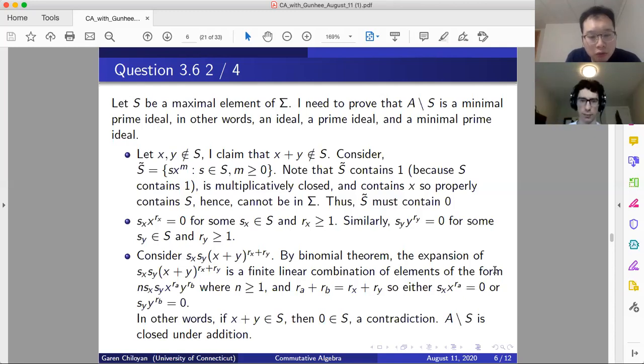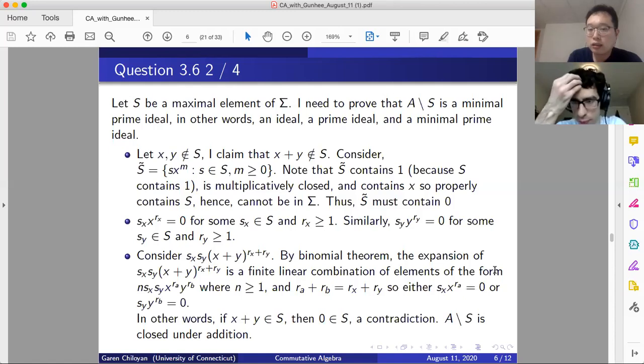Hold on, I'm a little bit confused. What if x plus y belongs to S? Why must 0 be in S? So 0 is not in S, that's a condition of being in sigma. Got it.